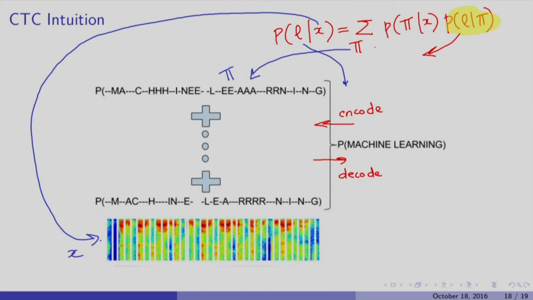So it's all the pi's that correspond to the label L. The problem of inferring the L given x as a sum is basically the subject matter of the forward backward algorithm.